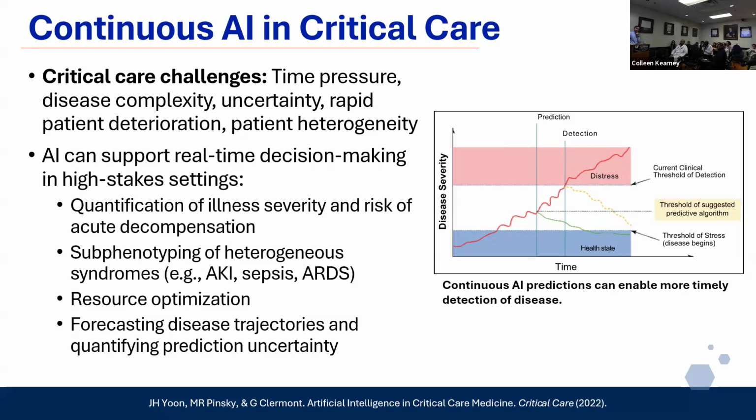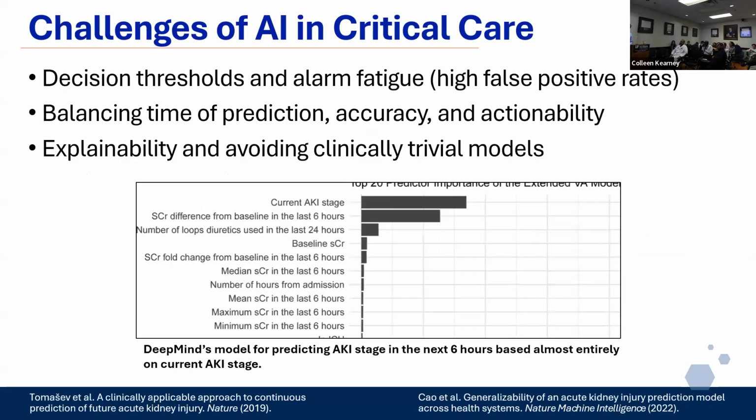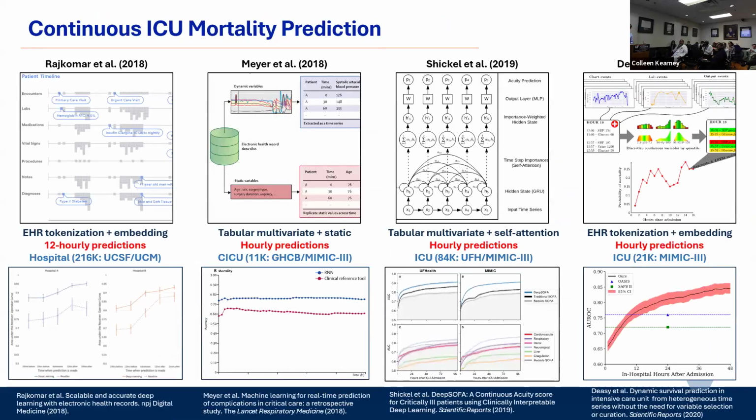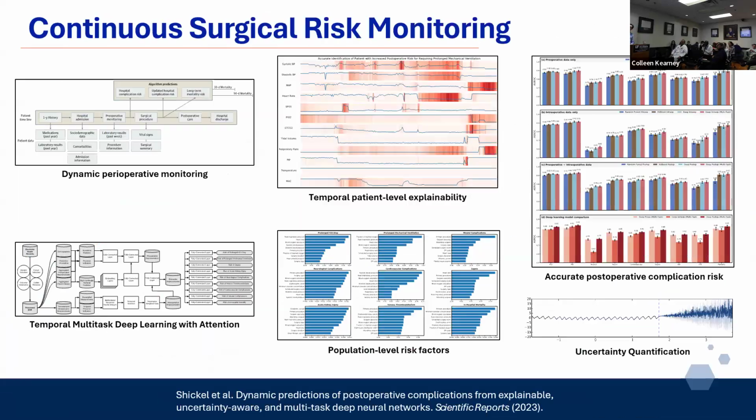A lot of these are working with time series for earlier prediction of AKI and sepsis. A lot of work in the ICU, where we're adding multimodal data now, and we have a couple of projects there predicting mortality.